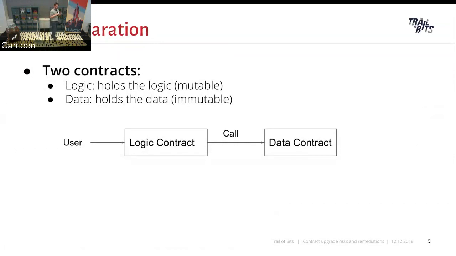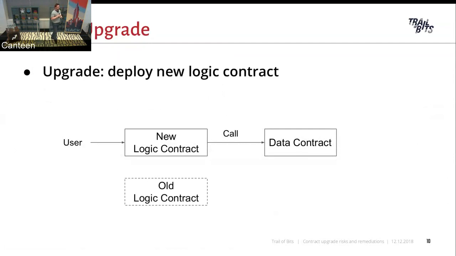The logic contract is just all the functionality of your system. So in this pattern, the user will interact with the logic contract, and the logic contract will read and write to the data contract. Now, if you want to upgrade your system, what you need to do is simply change the logic contract. You can keep the same data contract, and you just change the entry point of the system to get the new functionality.